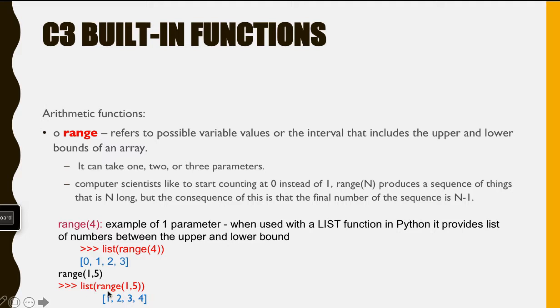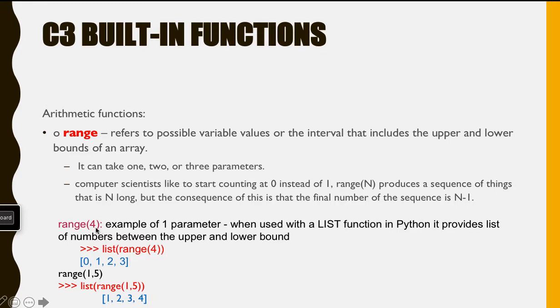In this case, we're starting from the lower bound of 1, so it would include 1, and then we're going up to 5, and 5 will be our terminating value, so it would not print 5.